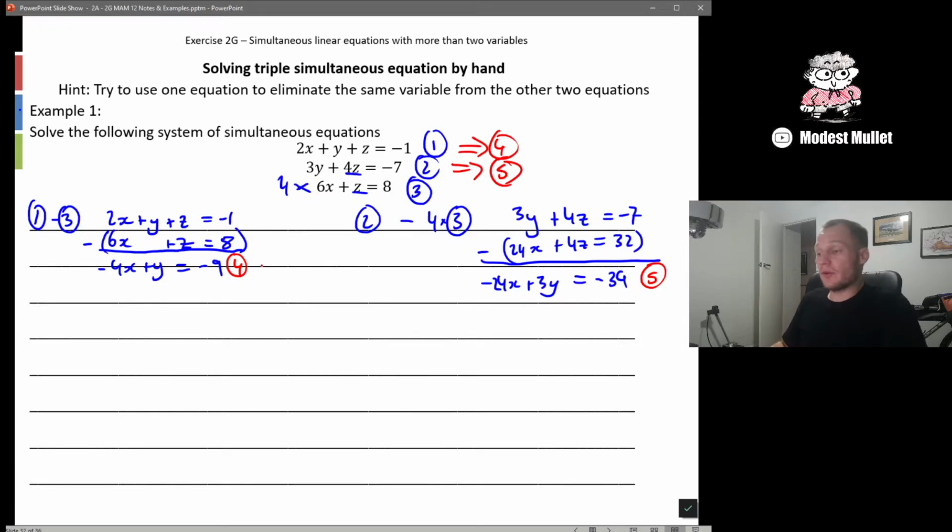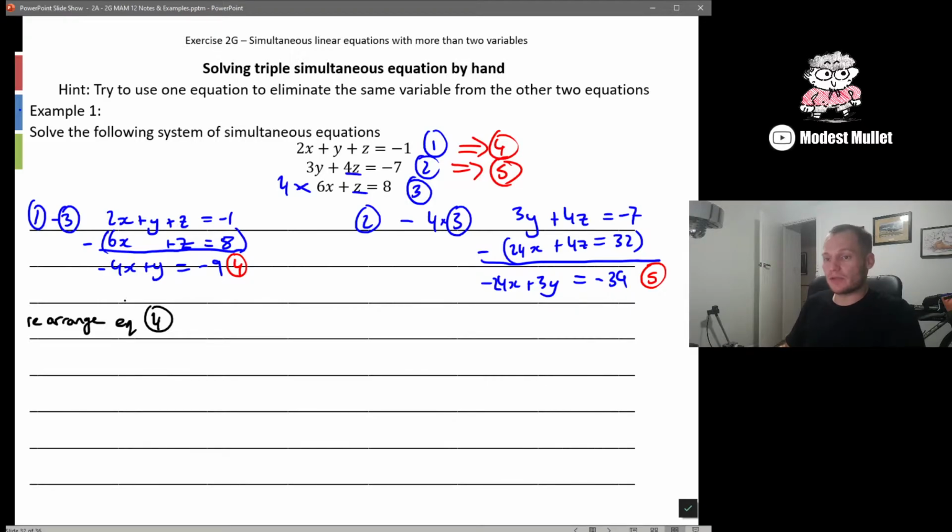Now we have two equations with just two variables, so we're back to regular solving of simultaneous equations. We have negative 4x plus y equals negative 9 and negative 24x plus 3y equals negative 39. I'm going to rearrange equation 4 to get y by itself, and then I can do substitution instead of elimination.